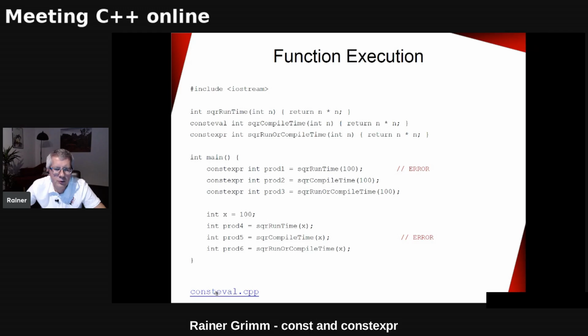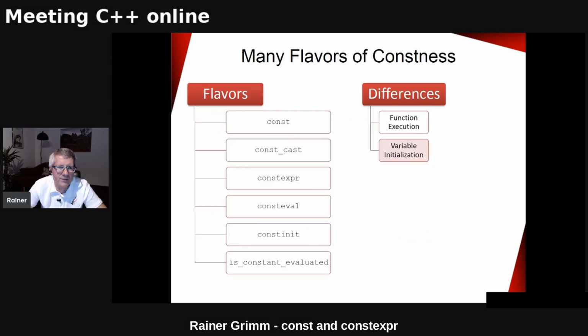I could show it to you here, but I think there is no added value. So let me just explain it. Once more, this cannot be executed because x is not a constant expression. Okay, this was the difference between these three kinds of functions.